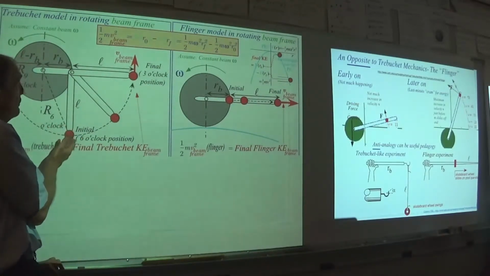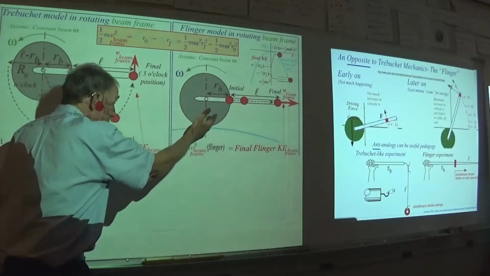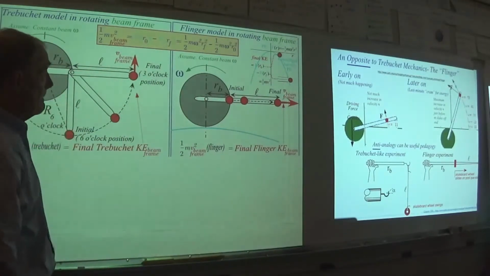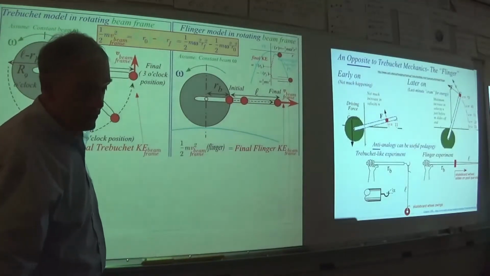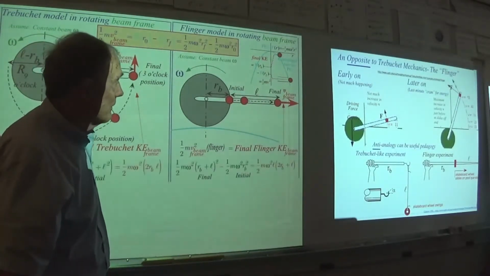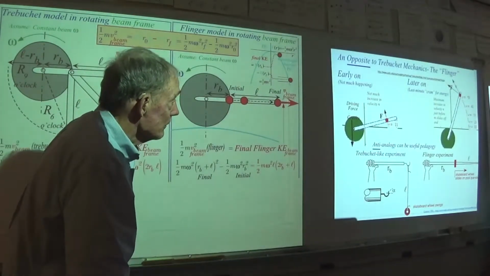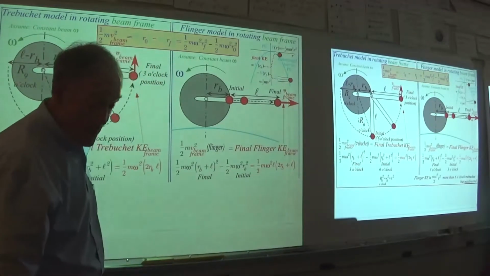But the question is, let's just start with about the same radius as the flinger. So it's flinger versus trebuchet here, and that's what your problem is. I'll just go through it real quickly here because you'll see what it is you have to do to get these results.